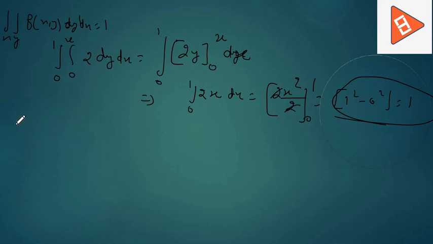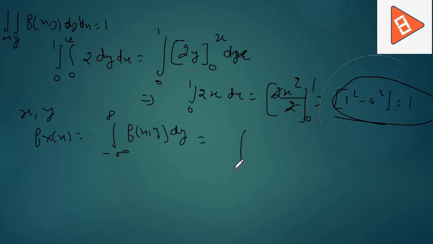So now if it is a valid density function, then we have to find out the marginal density functions of x and y. So now we will find out the marginal density function of x, that is given by the integration from minus infinity to infinity, or we can say the range of y, with respect to y.